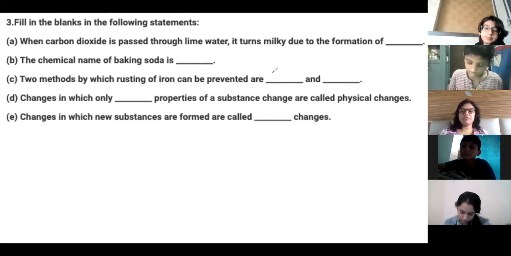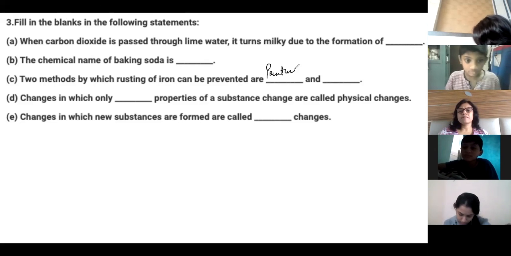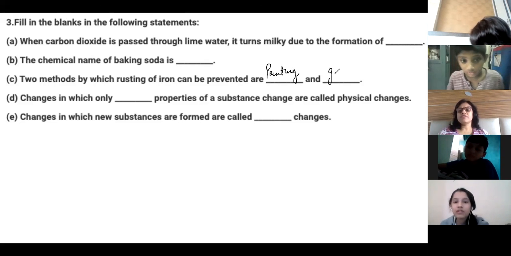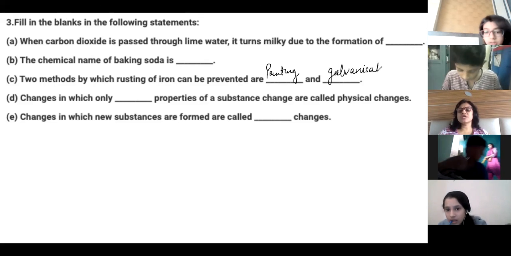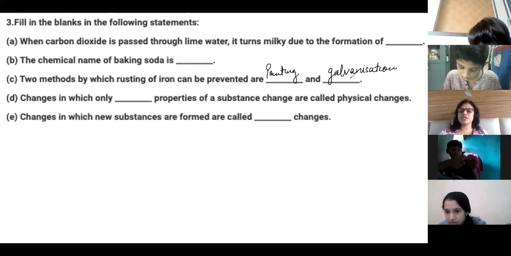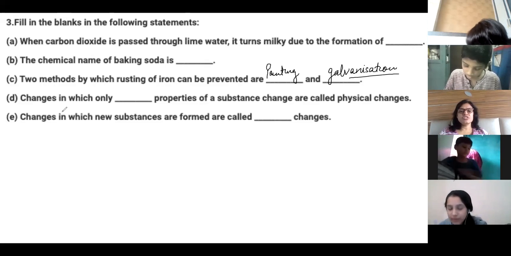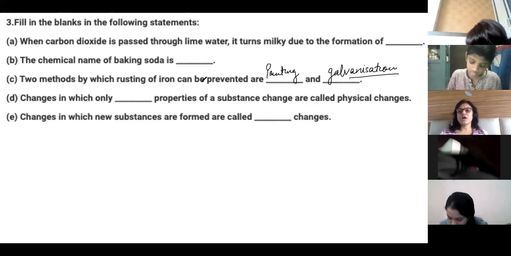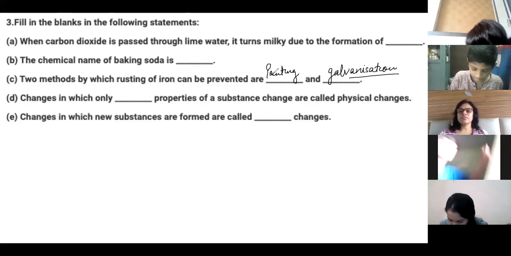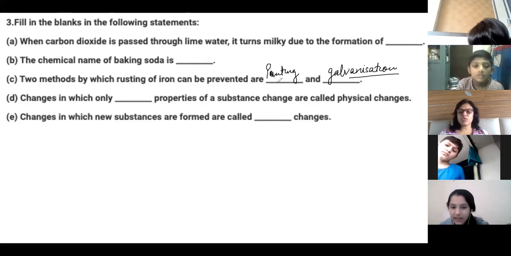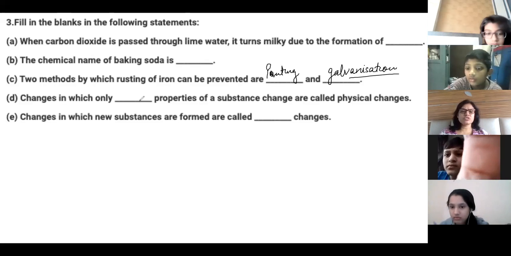Painting and galvanization. Galvanization is covering iron with zinc. Paint coating and galvanization. What have you written? Paint coating. Painting is also correct.